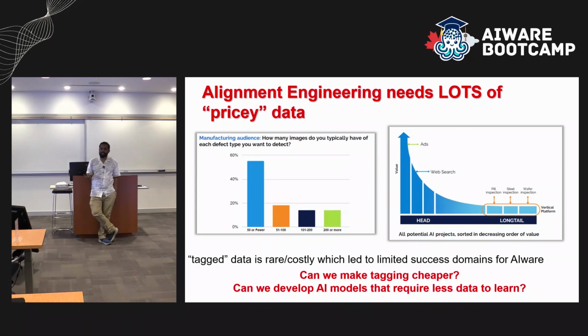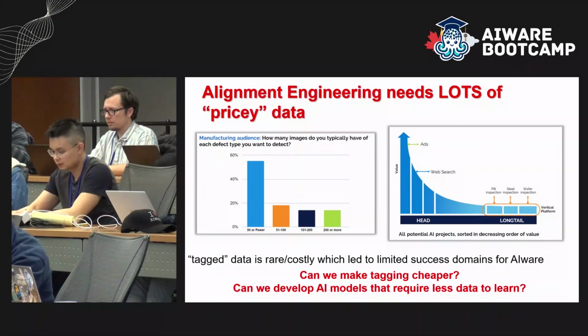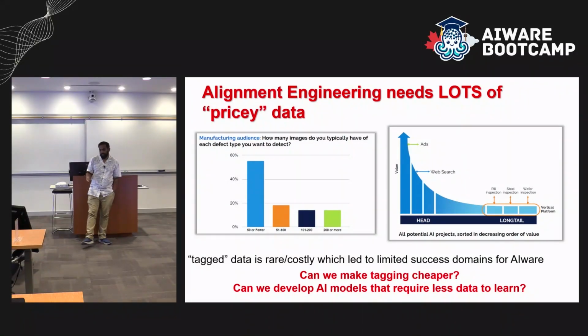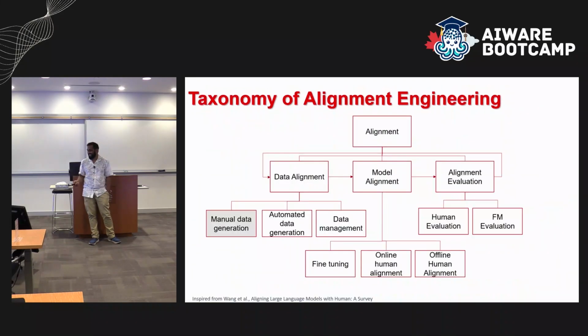In such a case, if we were to get that data from domain experts, it would cost a fortune, and there are many domains like that. So we should look into methods that make the tagging cheaper, and alignment methods that require less data. But that's a side quest.